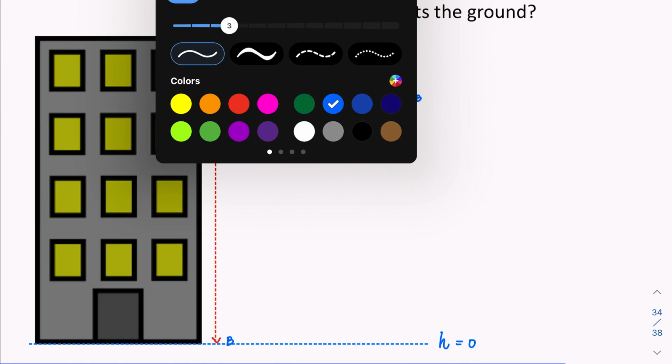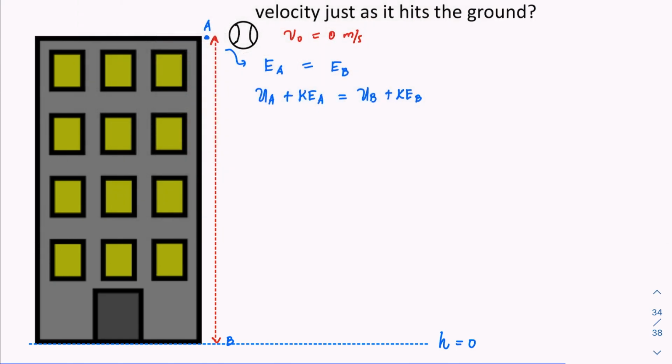When I inspect the potential energy at A, it should have a value since it has a height of 10 meters from the ground. The kinetic energy at A should be 0, because the problem explicitly states that it starts from rest. That means at point A, the velocity is 0.